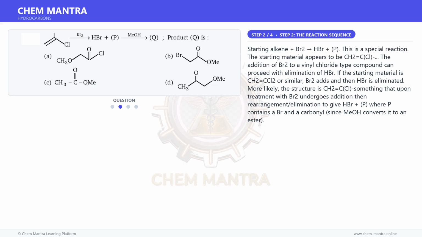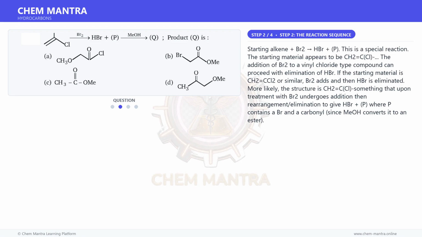Moving on to the next step. Starting alkene plus Br2 gives HBr plus P. This is a special reaction. The starting material appears to be CH2=C(Cl)-. The addition of Br2 to a vinyl chloride type compound can proceed with elimination of HBr.